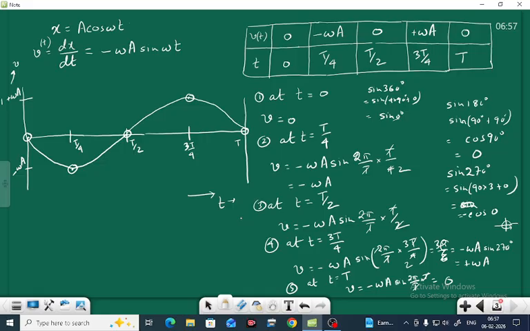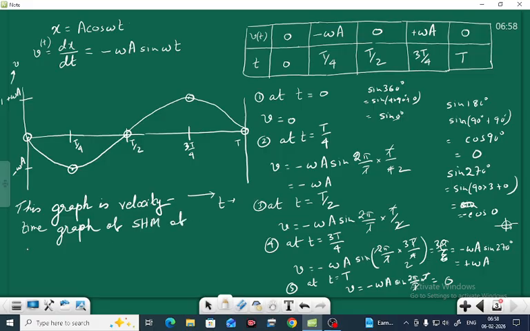Now this graph is the velocity time graph of SHM of the equation x is equal to A cos omega t.